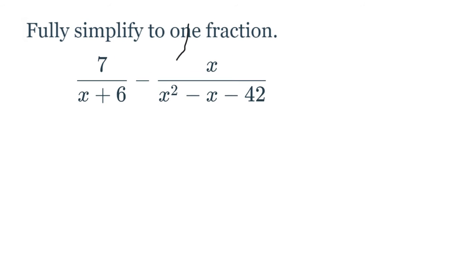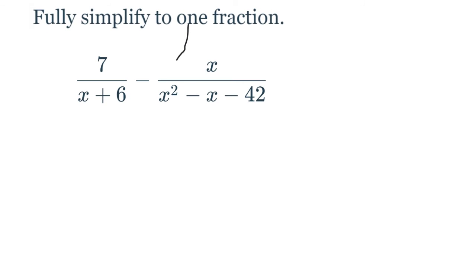Everything else is just either a monomial or a binomial, and we can clearly see that they do not factor. So we need the factors of 42 that can become negative 1. Well, if you go through your factors, what you're going to learn is that it's x minus 7 times x plus 6. Let me encourage you to think about using the other terms to maybe help you as we do these.